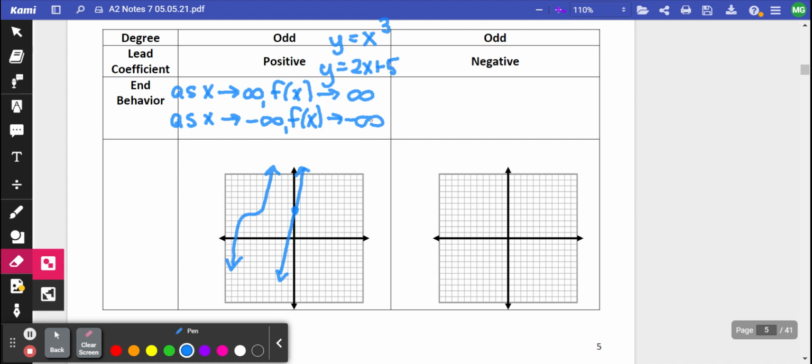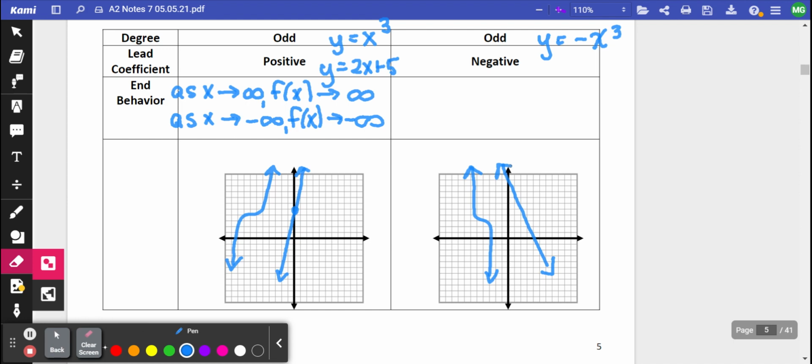If you can do the even, if you can do the odd positive, you can do the odd negative, because now you're just thinking of this reflected. So that's odd negative. That's a third degree polynomial with a negative lead coefficient. Here's a line with a negative slope. So y equals negative 2x plus 9. Looks like that's what it might be.